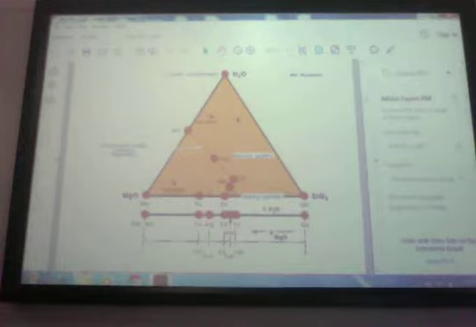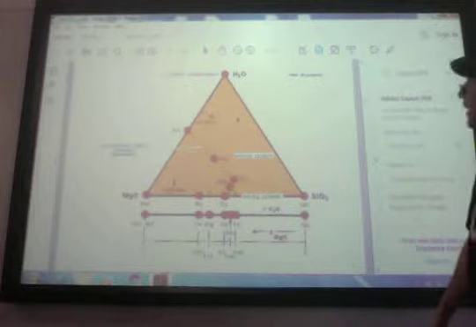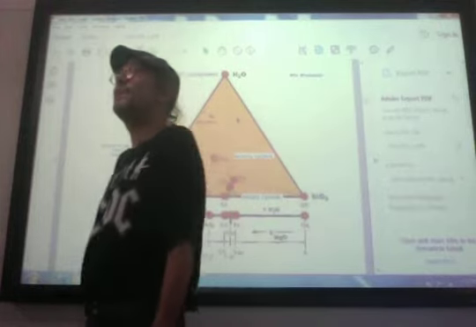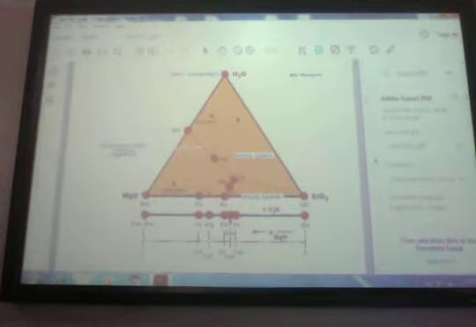But if too much is hydrated, we have here ATG, that is our mineral antigorite, yeah? And you know by now that antigorite is a very hydrated mantle rock, and that is serpentine.